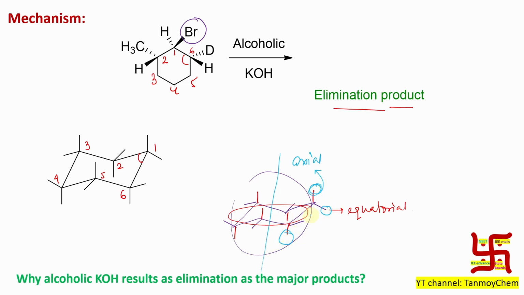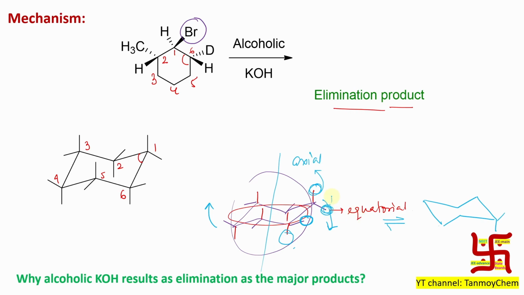These two equatorial bonds are also anti, because if you flip this, this goes this side and this comes this side, so it looks like this cyclohexane. Whatever bond was equatorial right now will become axial. If this is equatorial, it will go axial down.